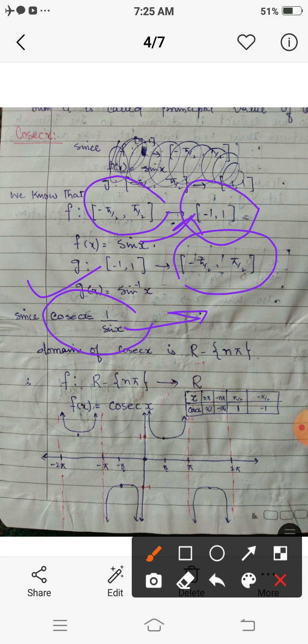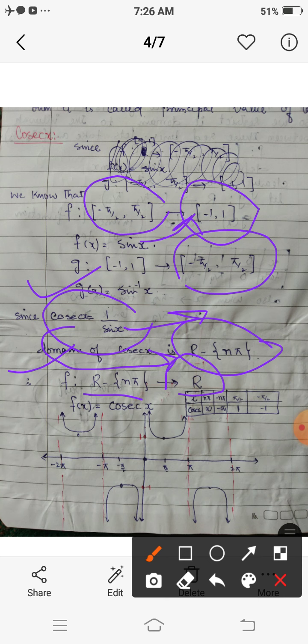Hence the domain for cosec x is R minus n pi, because we are removing the points where sine is 0, that is n pi. So R minus n pi is the domain of cosec. Now if we consider a function from R minus n pi to R defined by f of x equals cosec x, this is the required domain.